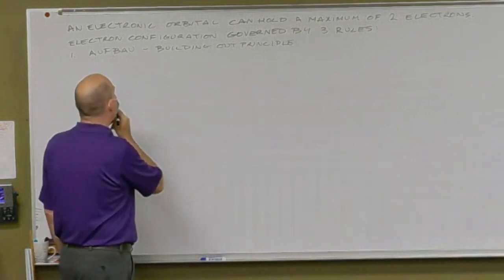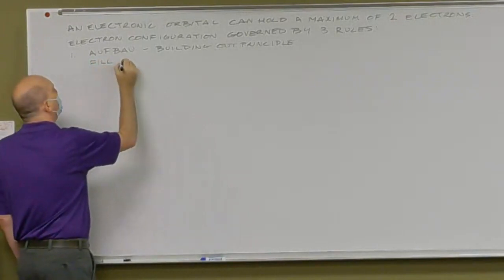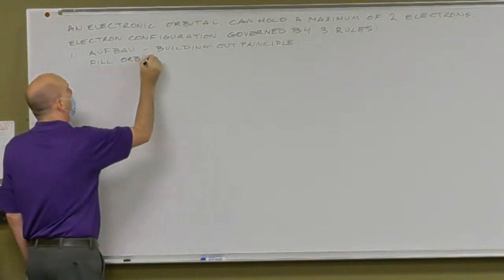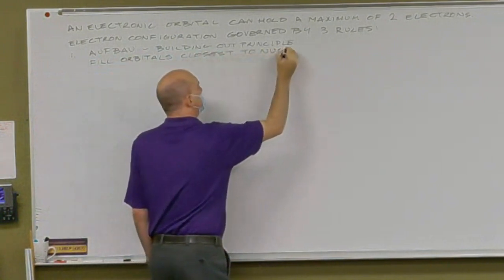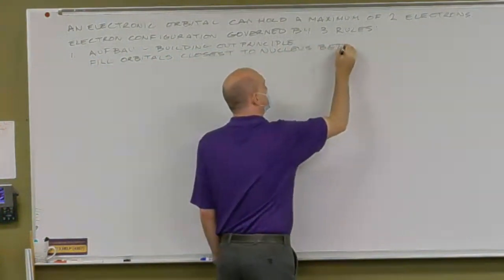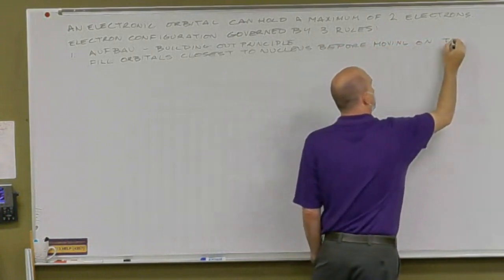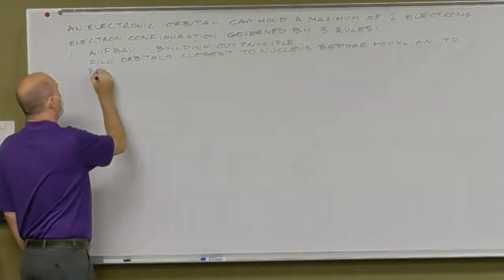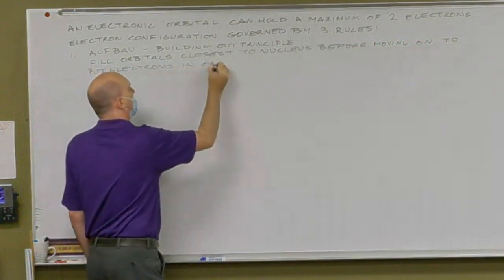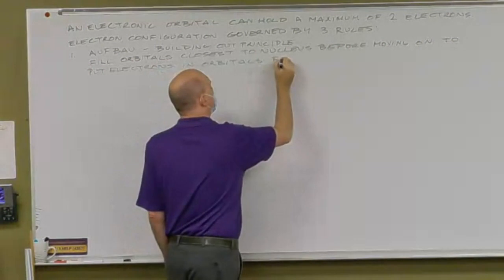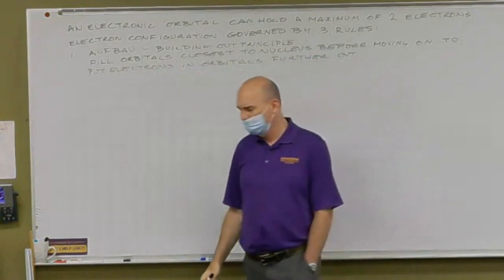This is a building out principle, which means you need to fill the orbitals closest to the nucleus before moving on to put electrons in orbitals that are further out. Okay.